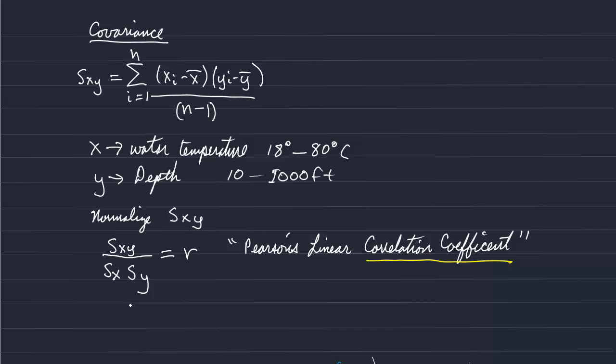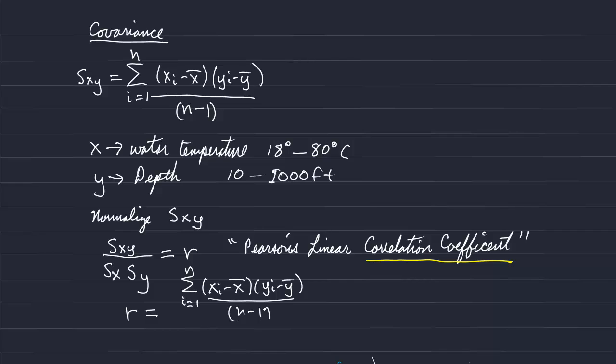Let me go ahead and write that out. R is equal to the sum over our data points of the deviation of x from its mean times the deviation of y from its mean, all over n minus 1.